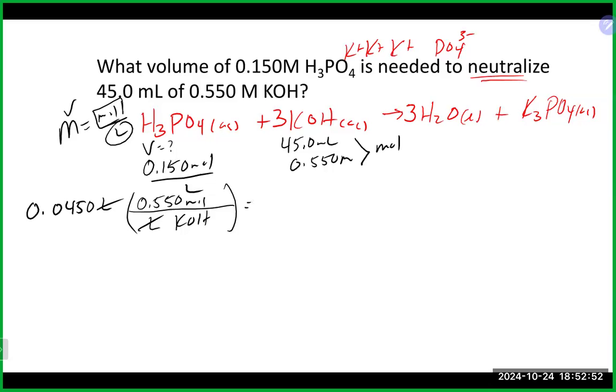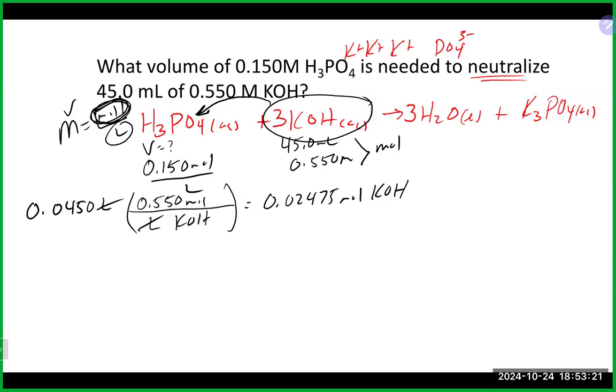That's going to get us 0.045 times 0.550, which gives us 0.02475 moles of KOH. Again, we're really not interested in KOH. We need to get ourselves over here to phosphoric acid so that we ultimately could get the moles of it and solve the problem that we're looking for.